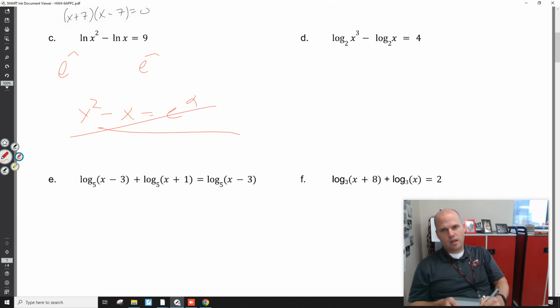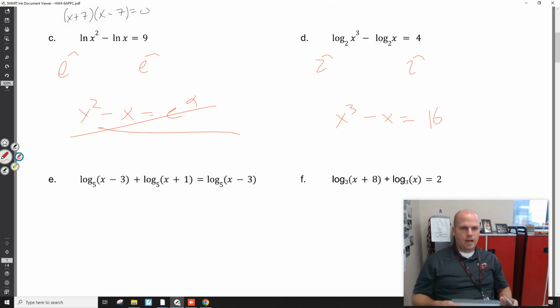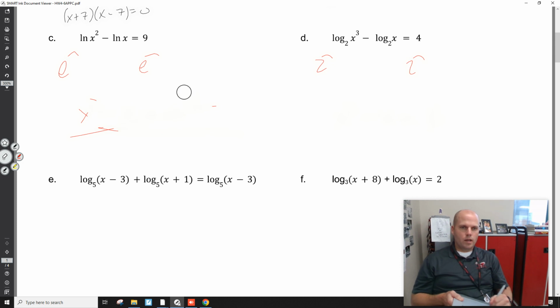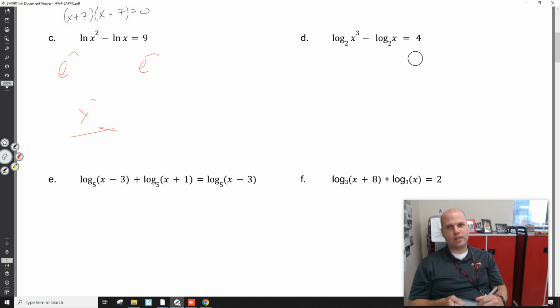Wrong. Oh, let's take 2 to the power of both sides, and the logs just go away. Wrong. Don't do this. What we could do, but I'm not going to show you, is manipulate it using exponent rules and see how that exponent rule and the log property work out with each other.